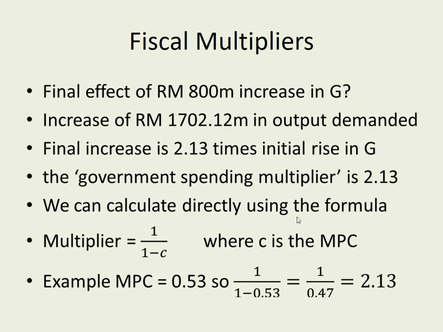All you would take is the 0.53 number, and you do 1 divided by 1 minus 0.53. Okay, that's the multiplier. So 1 divided by 1 minus 0.53 is the same as 1 divided by 0.47. If you check on your calculator, you find it's 2.13. So you jump straight to that number.